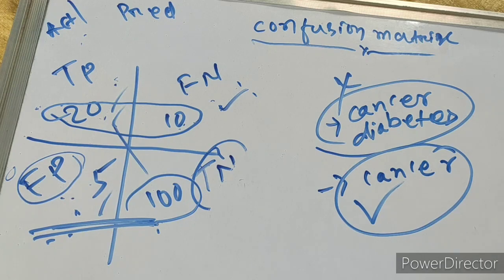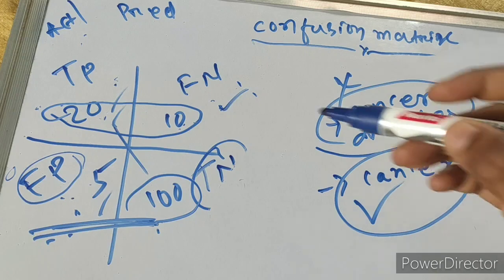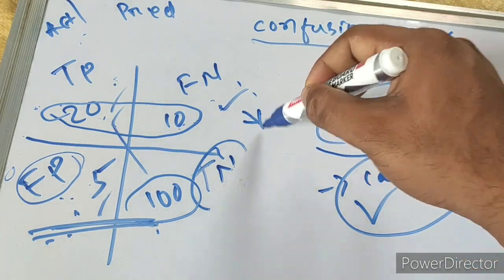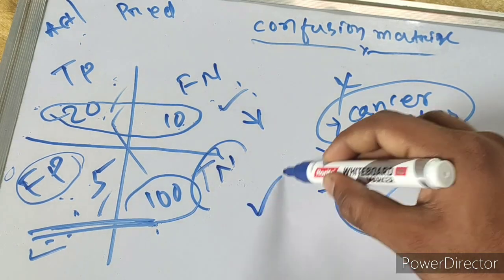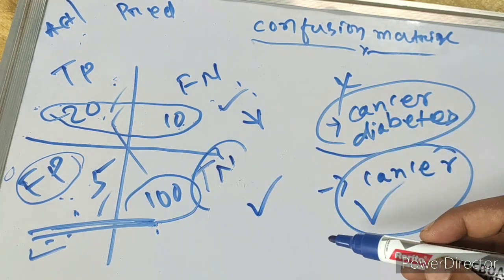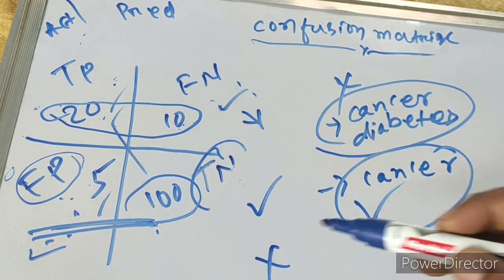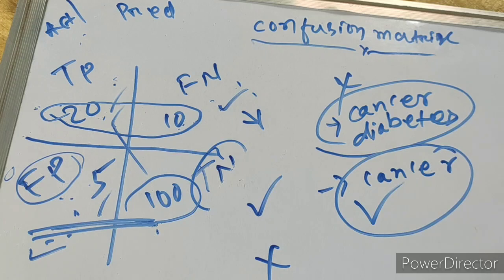In that situation, our goal is just to minimize this false negative. Even if a person is considered diabetic and actually is not diabetic or does not have cancer, in that scenario, at most the person will be diagnosed again and again, or will be given medicine.